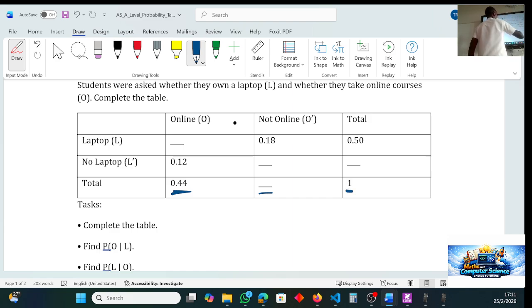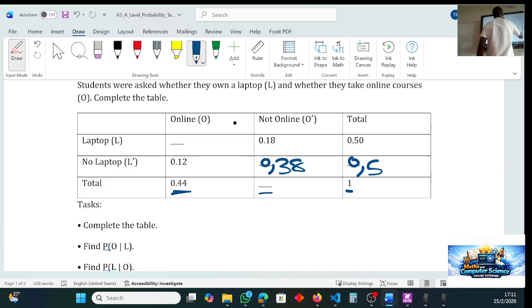So if I put 0.5 there, this should also be 0.5, so that when I add, it gives me 1. Now I put 0.12, I put 0.5. What's short here should be 0.38, so that when I add the two, they add up to 0.5.